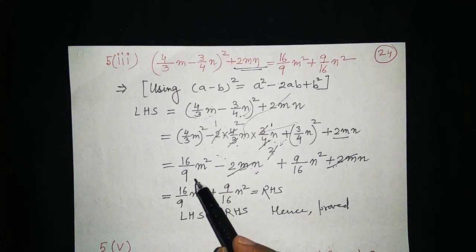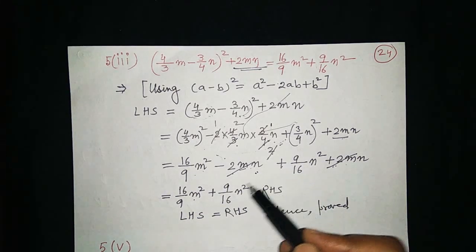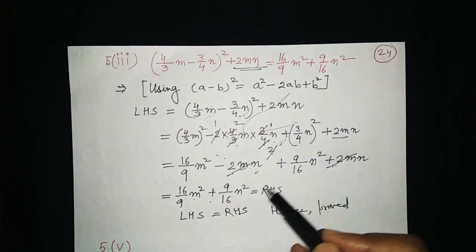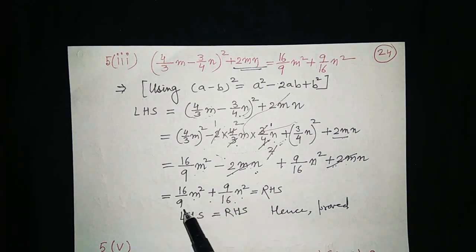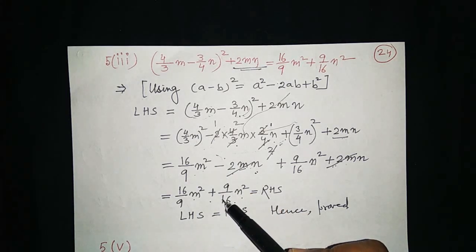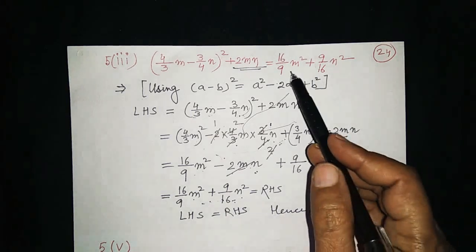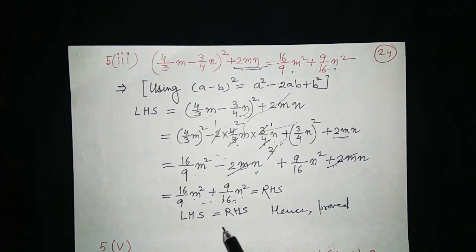So you can now write 16 upon 9 m square plus 9 upon 16 n square. And here you can see the left hand side which you have solved is coming equal to the right hand side. Like this, left hand side is equal to right hand side, proved.